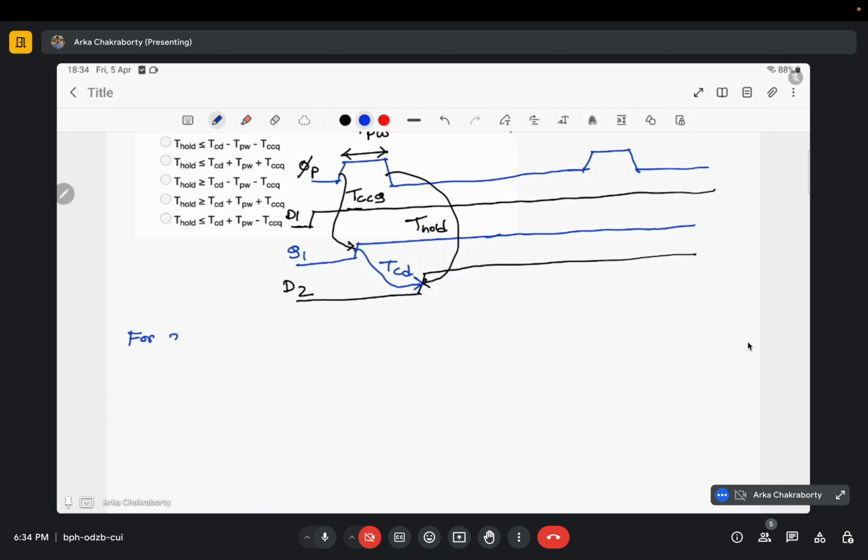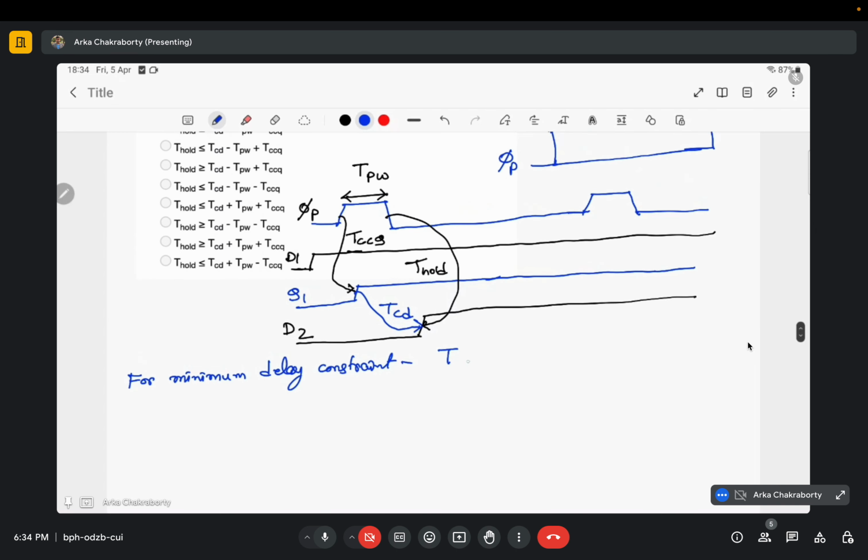For minimum delay constraint, this T pulse width plus this T hold should be less than or equal to these two terms, T contamination clock to Q plus T contamination delay, implies T hold should be less than or equal to T contamination delay minus T pulse PW plus T contamination clock to Q.